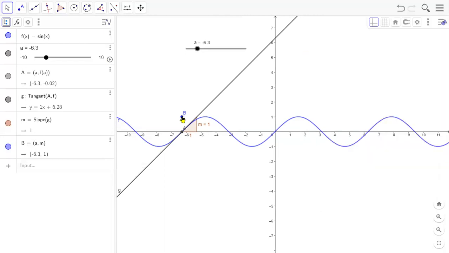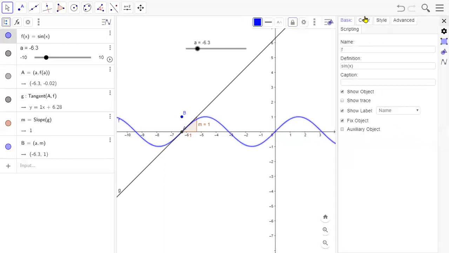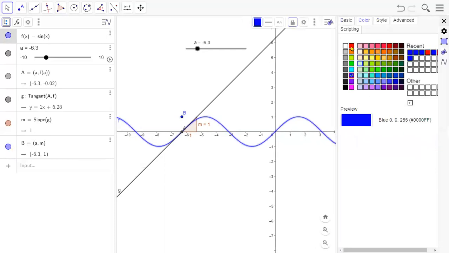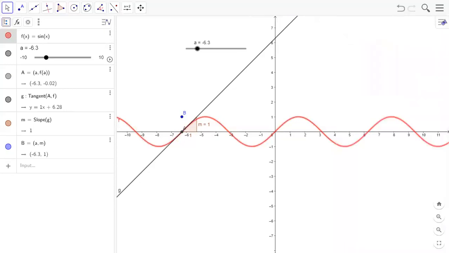This is the point b, and for the sinusoidal graph, let me use the next color, which is the red color. The graph of the sinusoidal function is denoted by this red graph, and the point b is represented by the blue color.